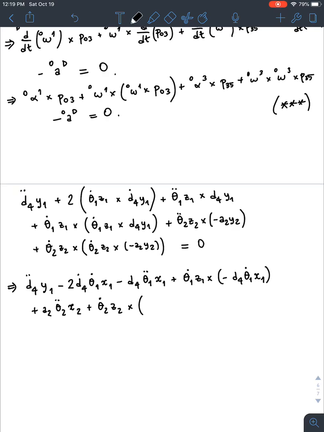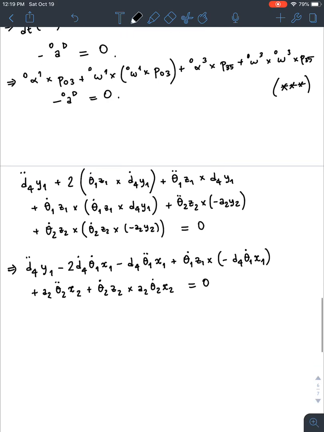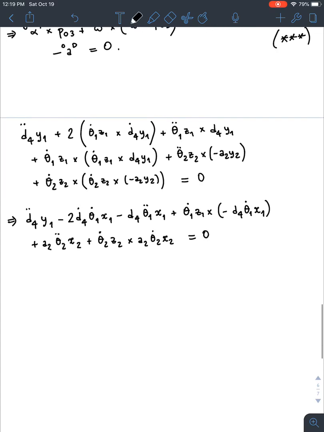It's equal to x2. So this is going to be equal to a2 theta 2 dot in the x2 direction equals 0. Okay, one more step. I can't simplify this term, so I'm writing it as it is. Neither can I simplify this term, writing it as it is. Cannot simplify that term.